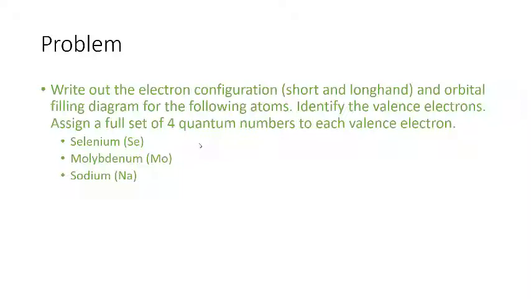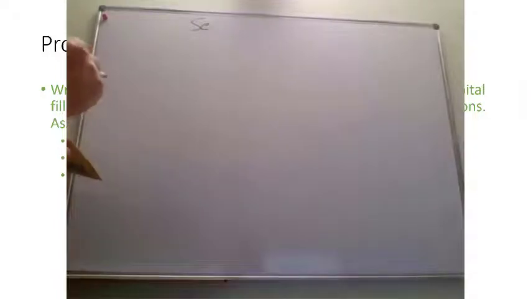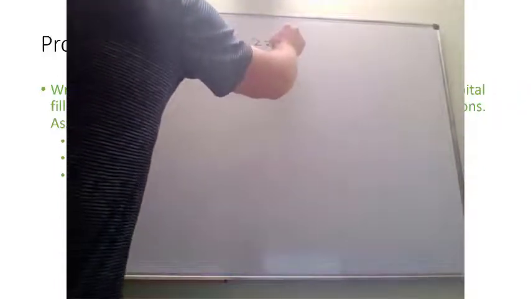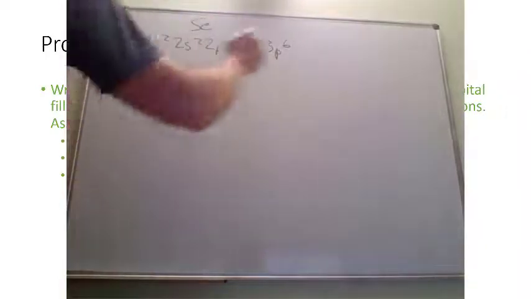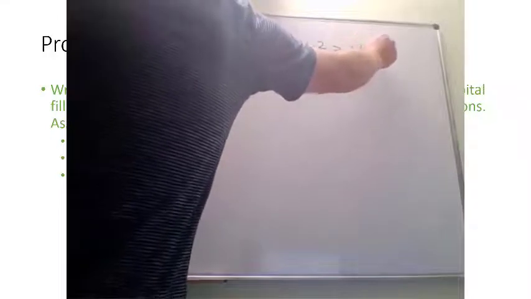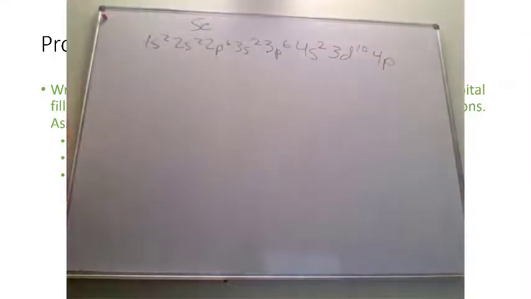Selenium, Se, is going to be element number 34. For writing out our notation, this is going to be 1s2, 2s2, 2p6, 3s2, 3p6, 4s2, 3d10, 4p4.